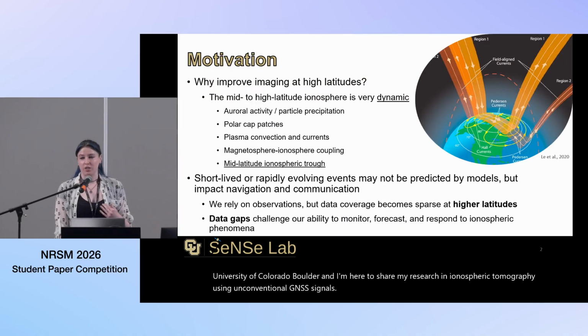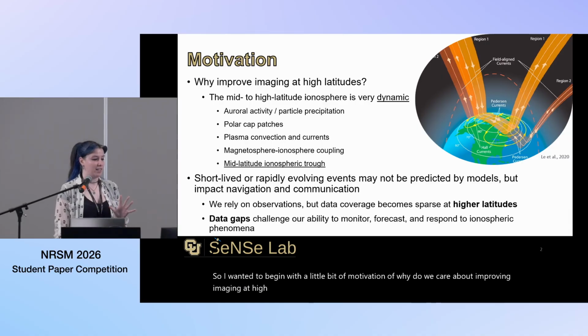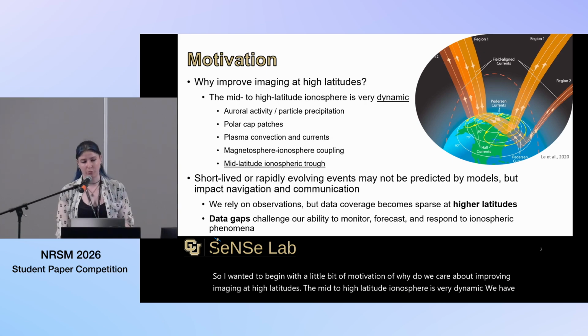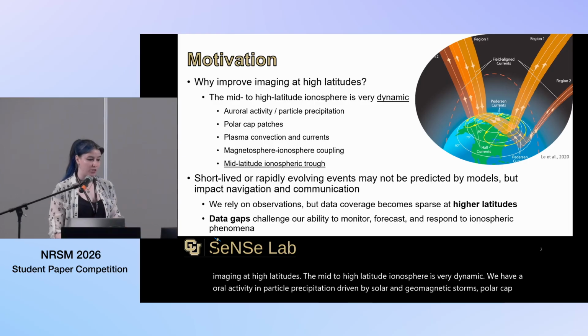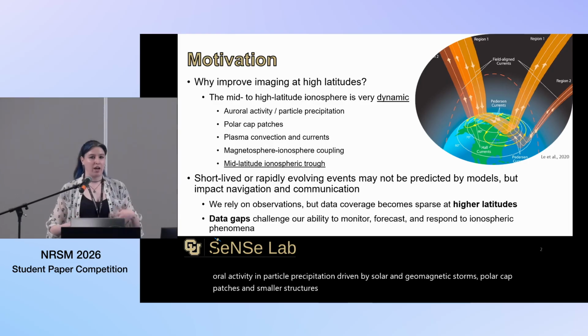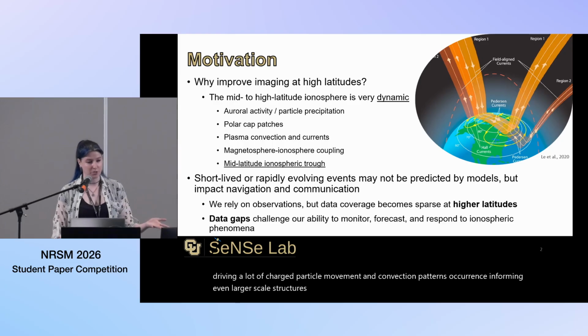So I wanted to begin with a little bit of motivation of why we care about improving imaging at high latitudes. The mid to high latitude ionosphere is very dynamic. We have auroral activity and particle precipitation driven by solar and geomagnetic storms, polar cap patches and smaller structures, just general magnetosphere-ionosphere coupling that's driving a lot of charged particle movement and convection patterns and currents, informing even larger scale structures such as the trough, which I've done research on in the past.